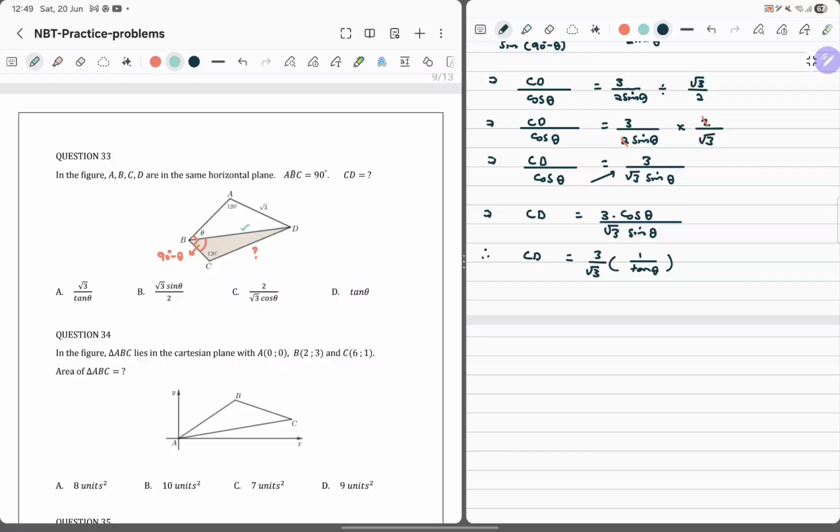Lord of Lords. So if we want to rationalize there, we're going to multiply by root 3 over 3. Therefore CD is going to be 3 root 3 over 3. The 3 goes away, so we get root 3 over tan theta.